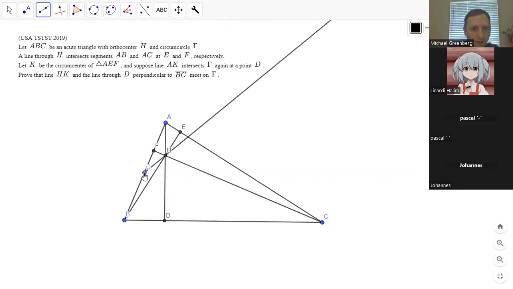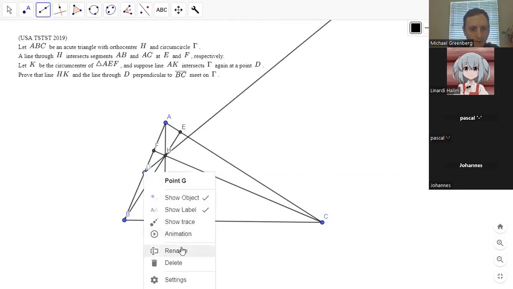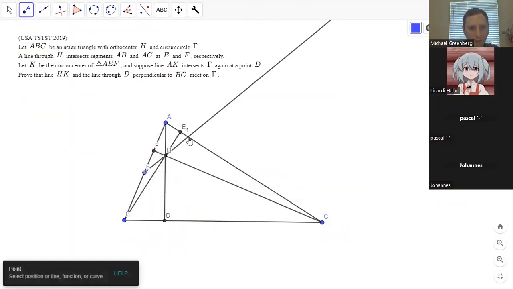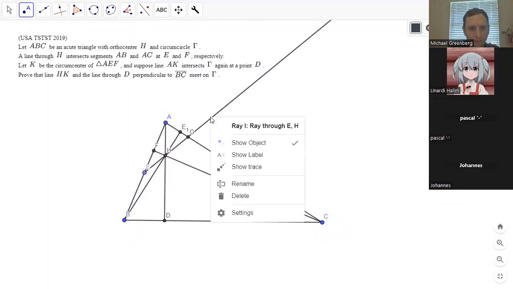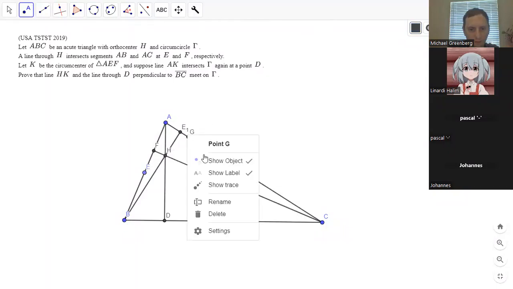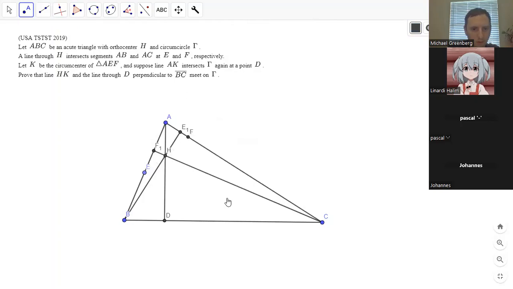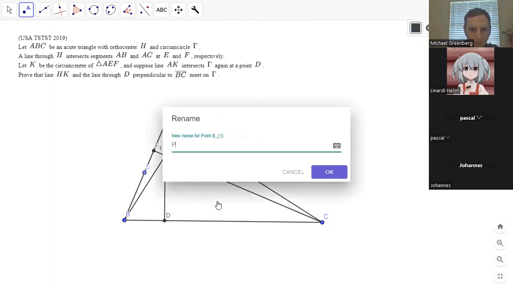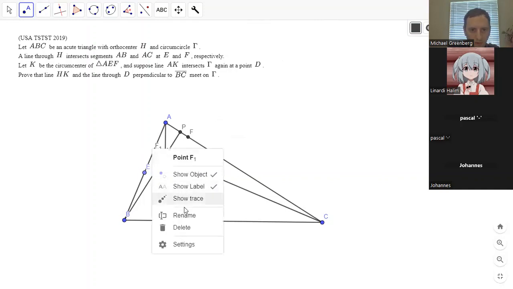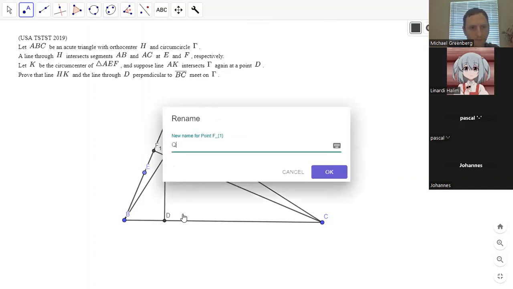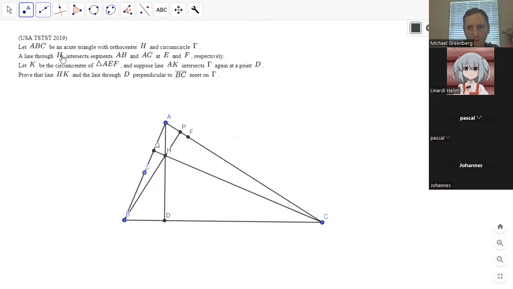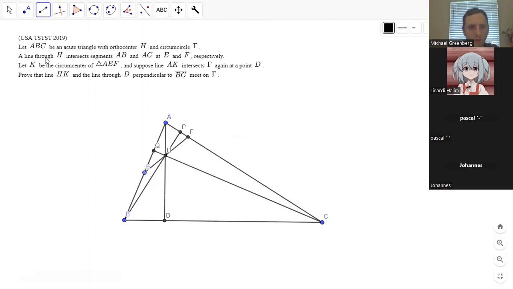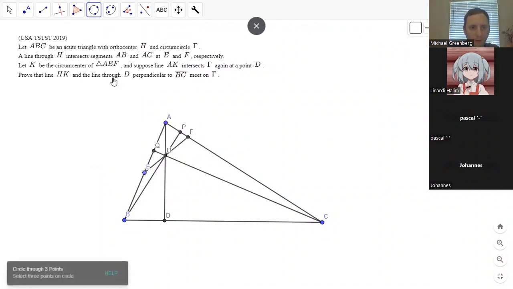So it intersects AB at E and AC at F. And then we could call this, I don't know, P and Q. Okay. And then we draw the circumcenter AF.